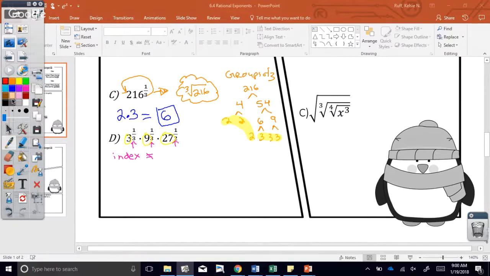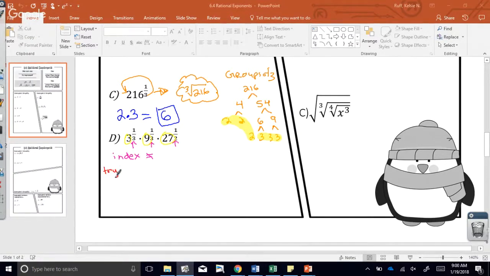So here's what our goal is. We're either going to try to get the same index or the same base, and to avoid dealing with fractions, we're going to try to get the same base. So I'm going to start with the smallest base so it's as small as it can be.